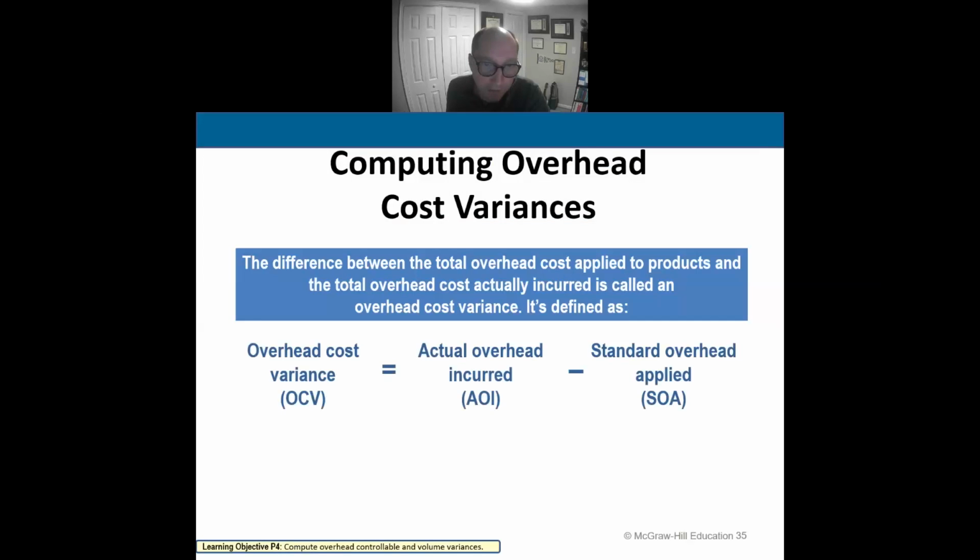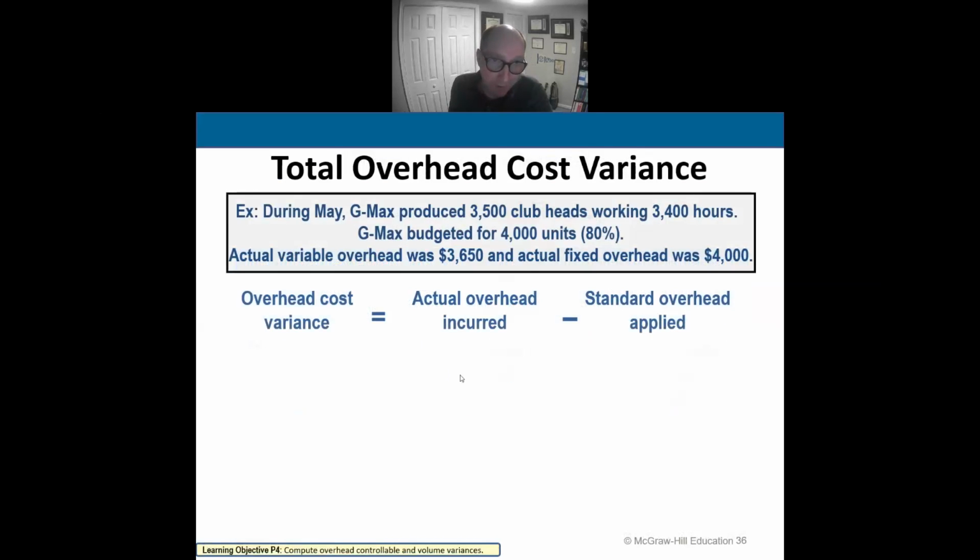To find the cost variances in overhead, it's very simple. The actual overhead incurred, actual overhead, minus the standard overhead. Pretty simple. I wish they were all that easy. Actual overhead minus the standard overhead.